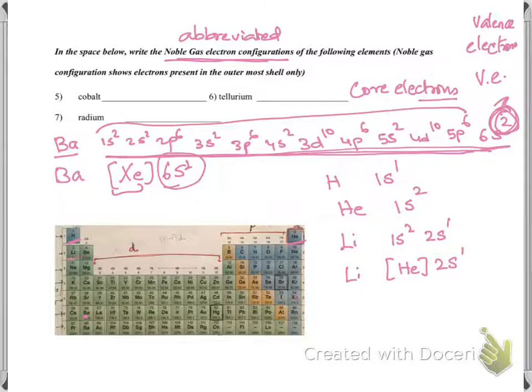So this is lithium here. You pick the noble gas that's present before and closer to lithium, which is helium. And then now you have to come from here to here. Lithium is in the second row, S block, and the first one, 2s1.